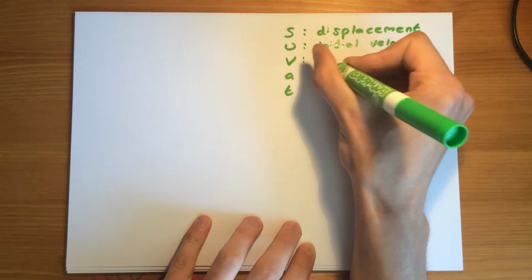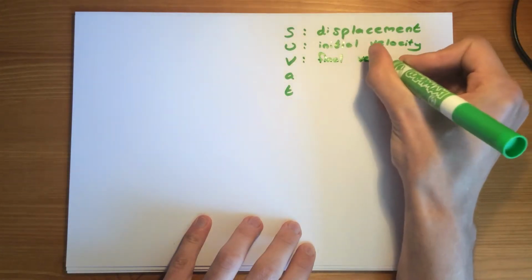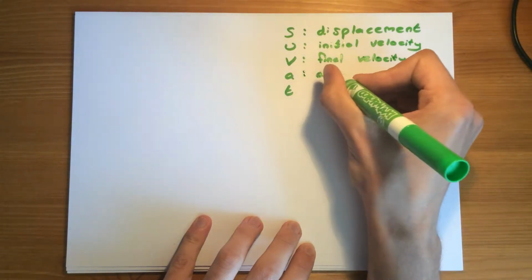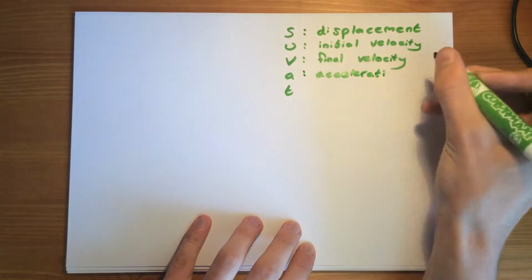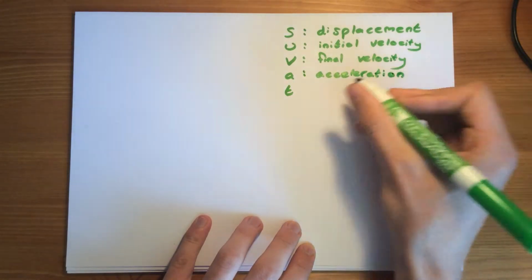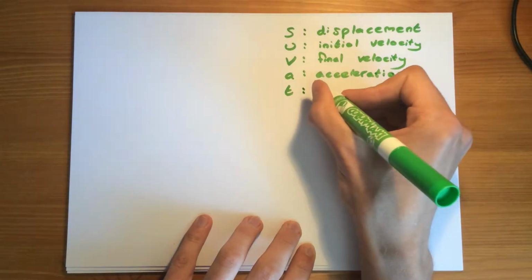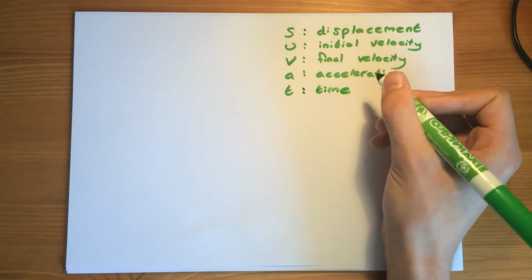V is the final velocity, or it's often the velocity at time t. A, fairly obviously, is the acceleration, which is also the derivative of the velocity with respect to time, or the second derivative of displacement with respect to time, as we'll come on to. And t is the time taken.